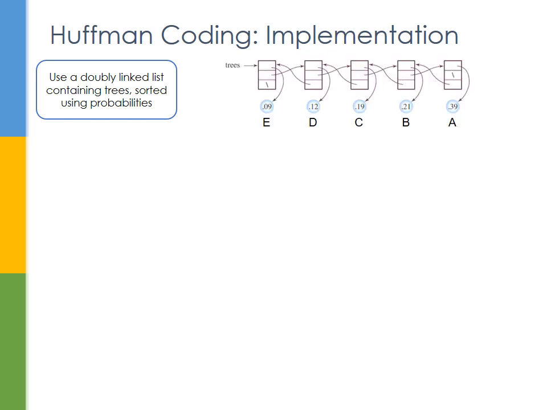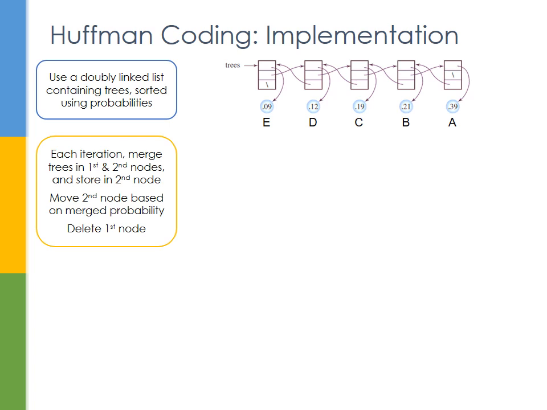Over here we have our doubly linked list in its initial form. We can see that we have a list node for each of the symbols, and each list node contains a tree, where each tree is, of course, a single root node, and we have the list nodes ordered according to probabilities, with the lowest probability values on the left and the highest values to the right.